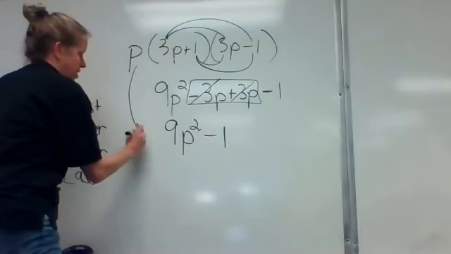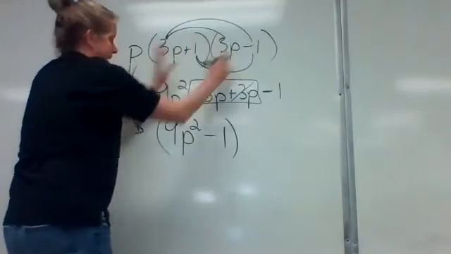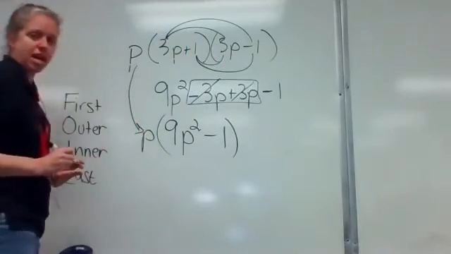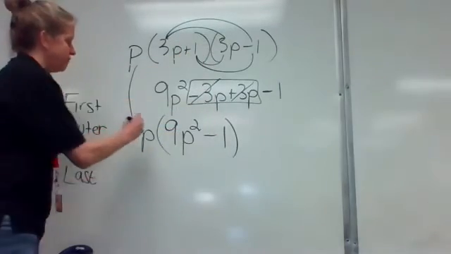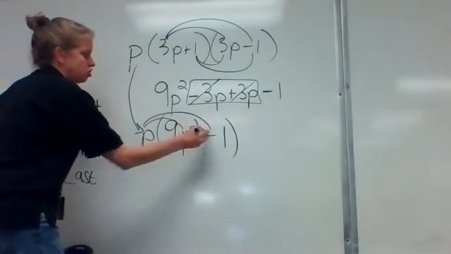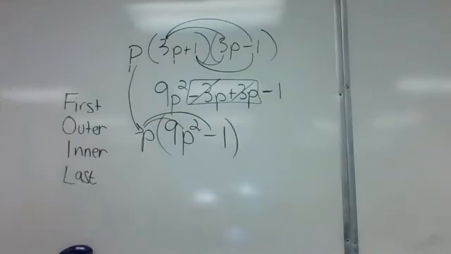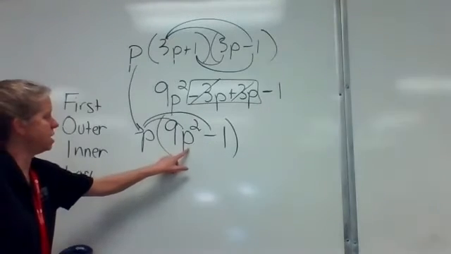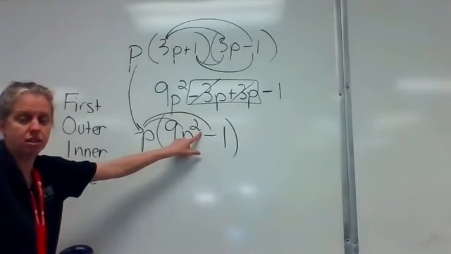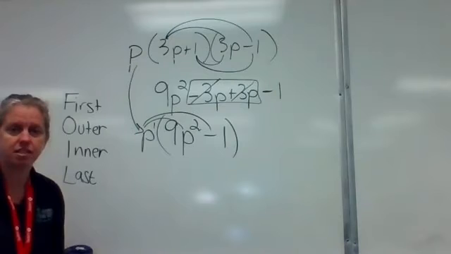Now, here's where I'm going to bring down the P. The P is still times that. So when I bring down this P right here, it's still going to be times whatever I got after I FOILed, which means I'm just going to distribute it there. So I have P times 9P squared. So again, I'm going to add the exponents on the P's.